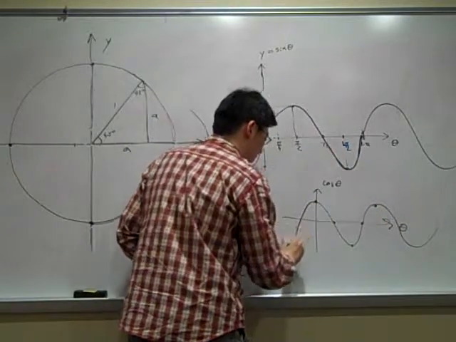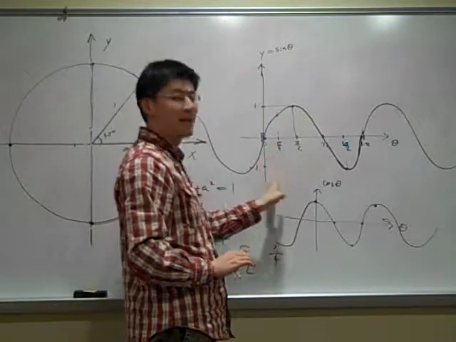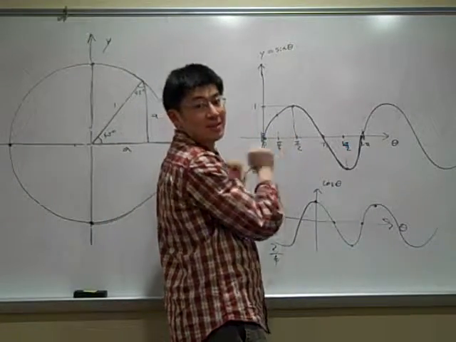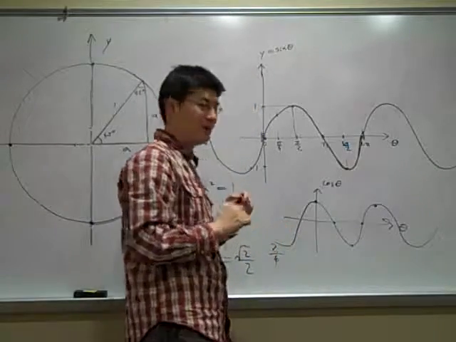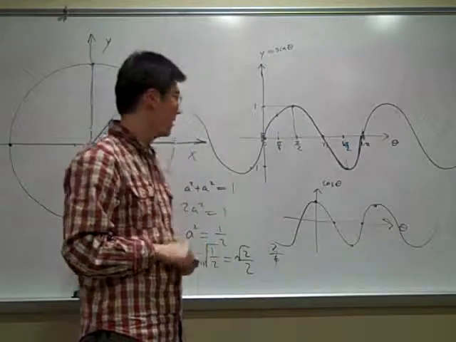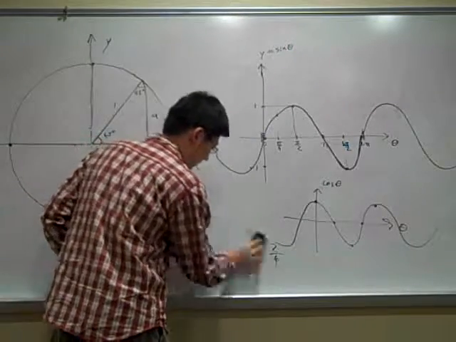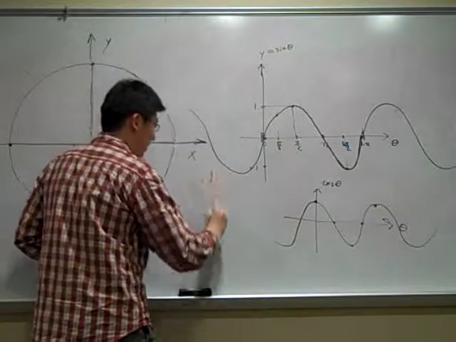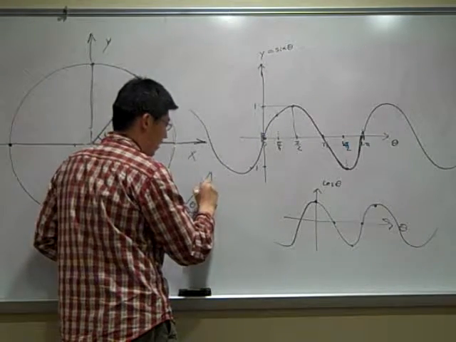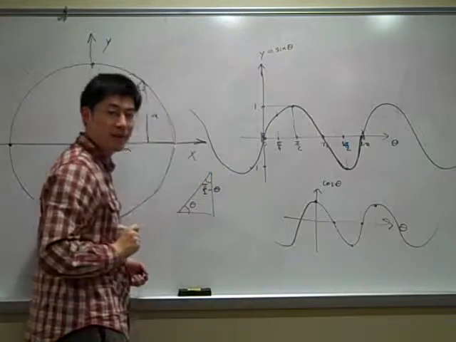One thing you'll notice is that the cosine curve and the sine curve are almost exactly the same, except one is shifted this way. So cosine is like sine, shifted a little bit. And actually, we already have an identity that I discussed briefly that explains why. If you have a right triangle, this is going to be angle theta, and this is going to be 90 degrees minus theta, so pi over 2 minus theta.